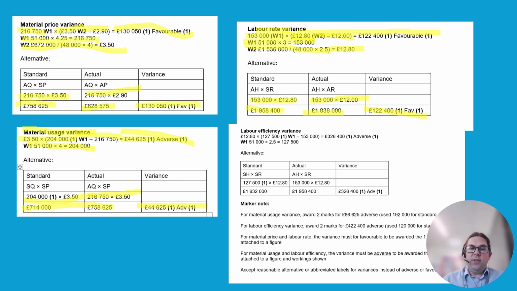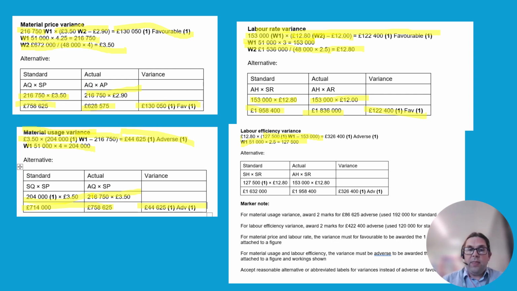Finally, efficiency. We've got to know how many hours we should have worked. So the first working is 51,000 units times 2.5 hours. So we should have worked 127,500 hours, but we did work 153,000, sorry. So we've got 25,500 hours adverse.